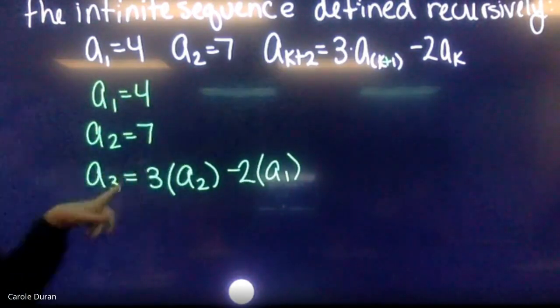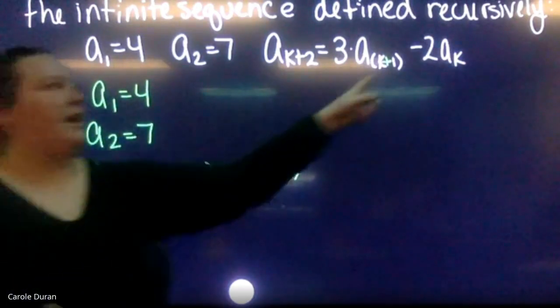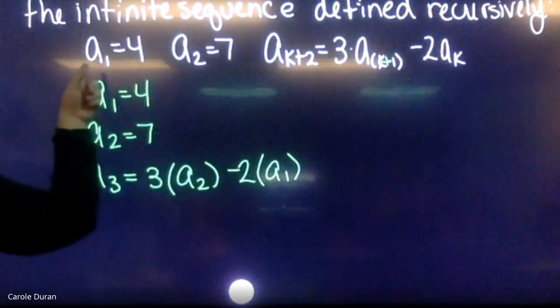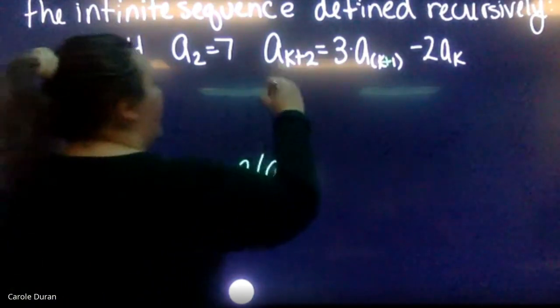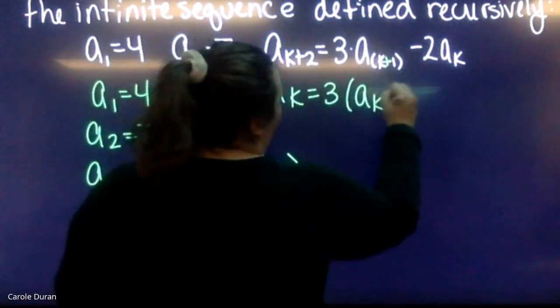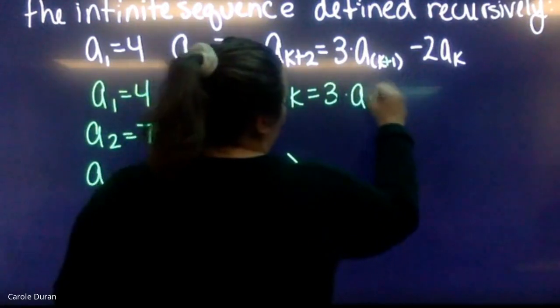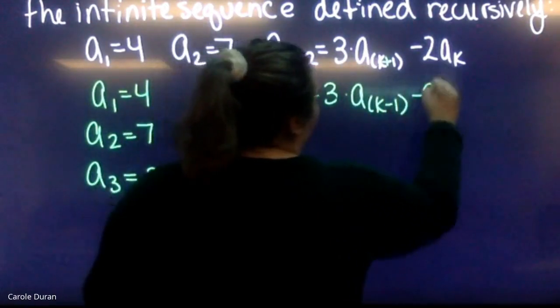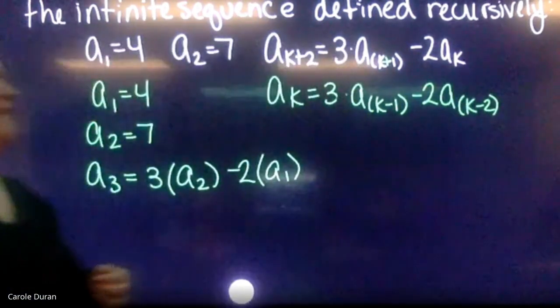So plus 1 would be the term before, and A of k would be 2 terms back. The alternative way of writing this would be A of k equals 3 times A of k minus 1 minus 2 times A of k minus 2, if that helps you anymore.